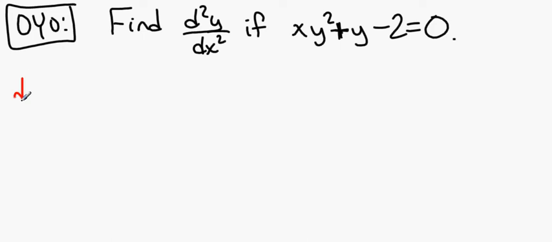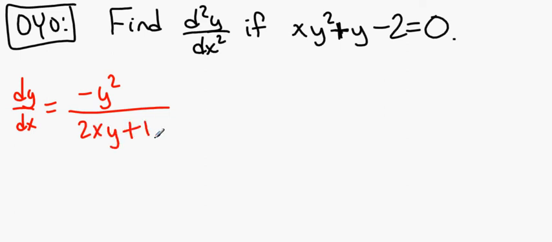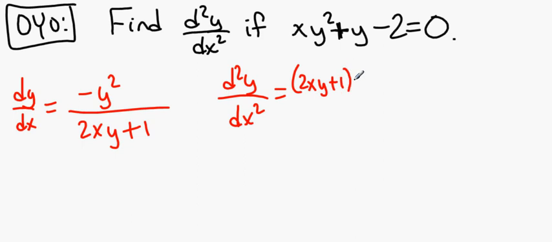Okay, so let's see. I'm looking for dy/dx, and I'm pretty sure that you figured out that that's negative y squared over 2xy plus 1. And so now you're thinking, well, I need the second derivative. The second derivative, that's quotient rule. It's the bottom times the derivative of the top. The derivative of the top is negative 2y times dy/dx. Well, what's dy/dx?